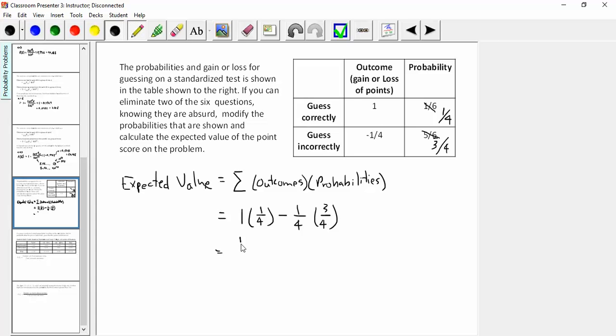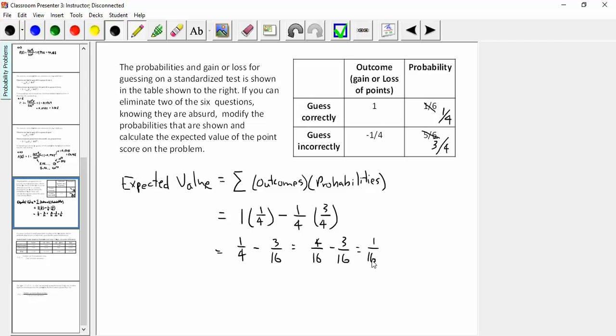Okay, this gives us 1/4 minus 3/16, right? Multiplication of fractions, just multiply the numerators, multiply the denominators. And 1/4 is 4/16 minus 3/16, or you could have just plugged these into your calculator at any point.